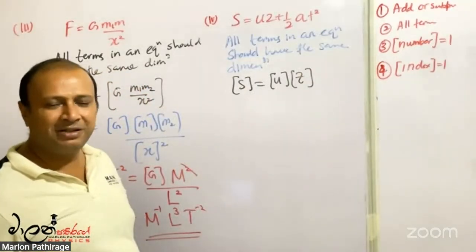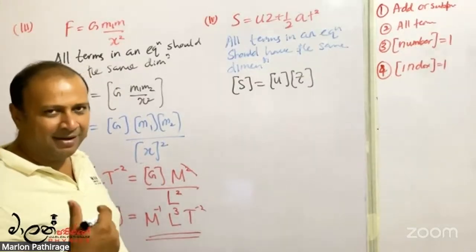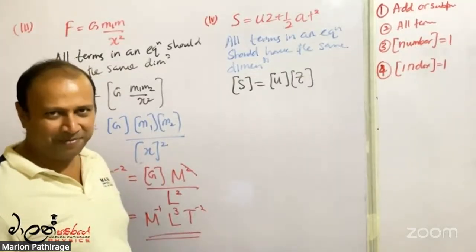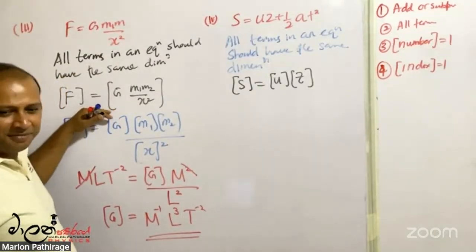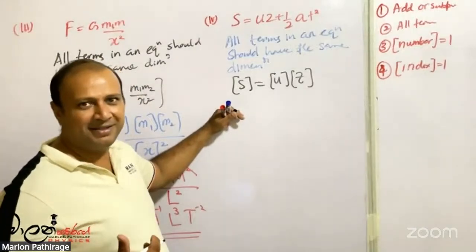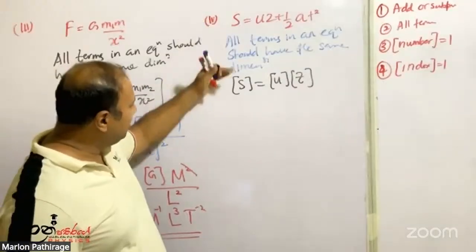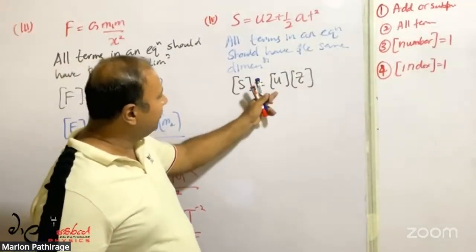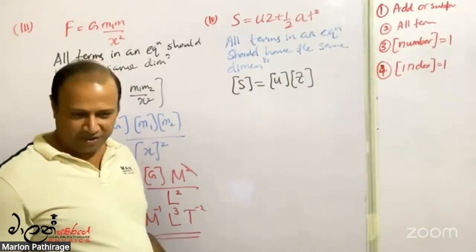Now we have a practice, so we can eliminate one step. Dimension of S is equal to dimension of U into dimension of Z, because all the terms should have the same dimension.